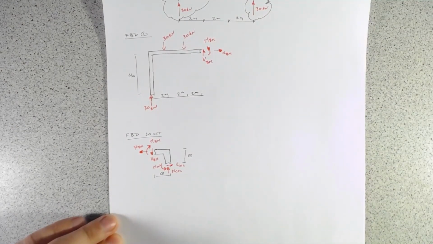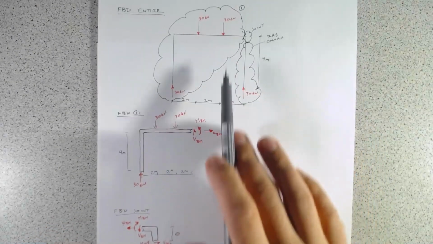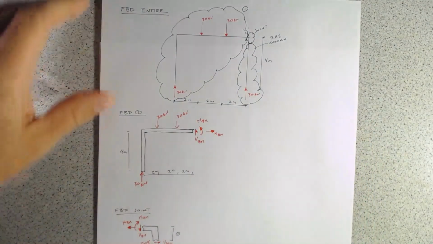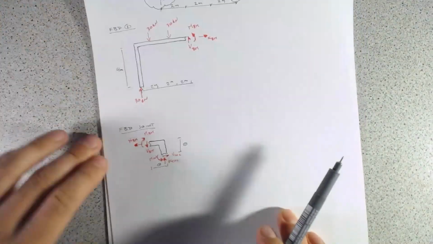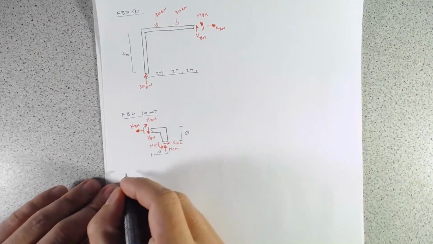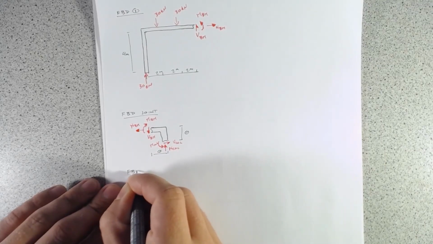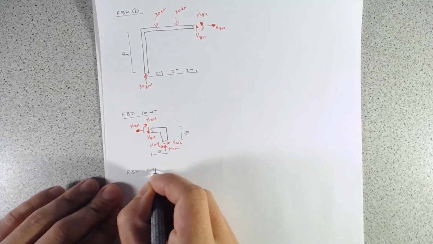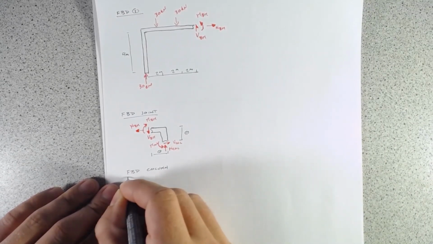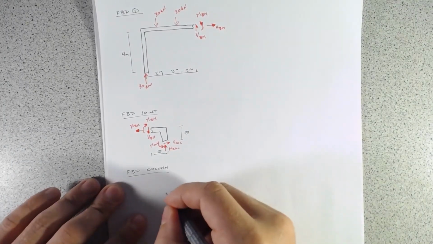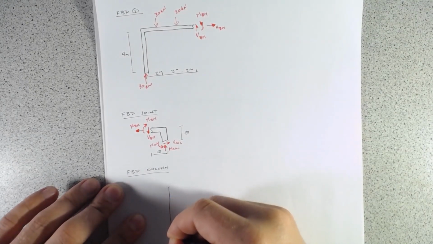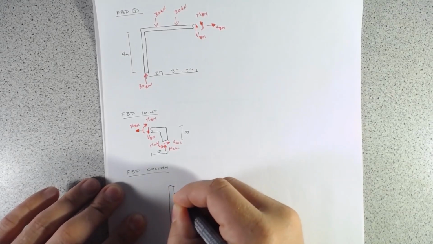So we're going to draw this final free body diagram, which is of the right-hand side column. Free body diagram. And we have the column here, it has the cut on top.